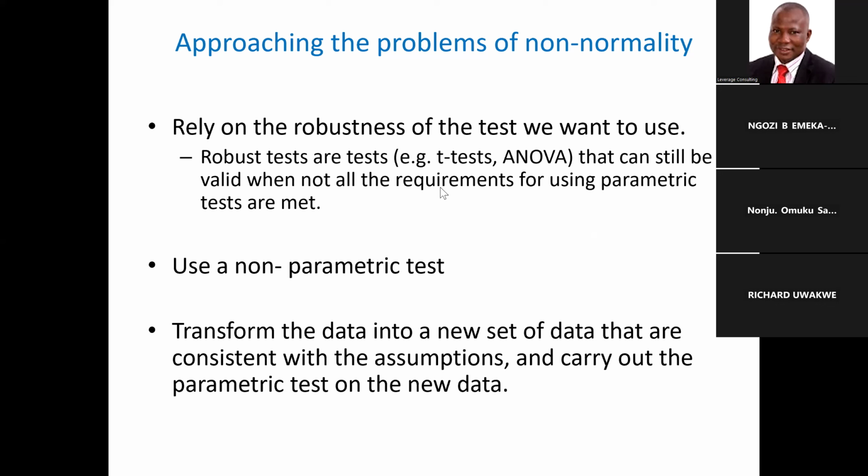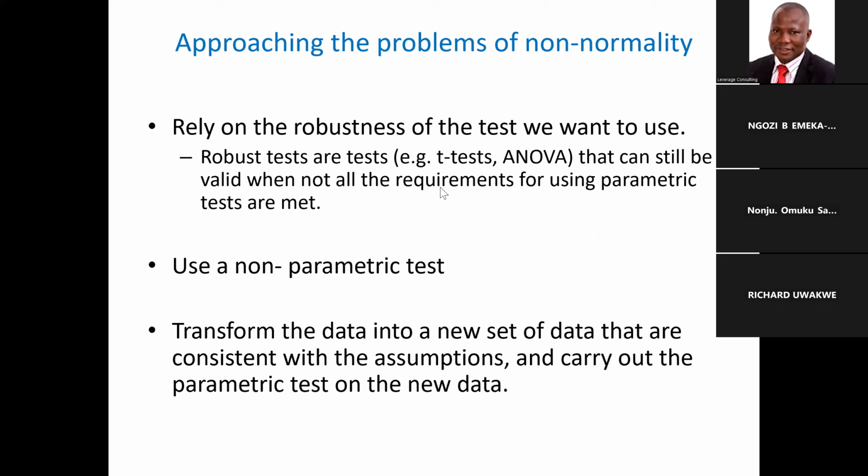We still use it because the t-test is a robust test, meaning a test that is still valid when not all the conditions for using the parametric test are met. That's why we are able to use it.